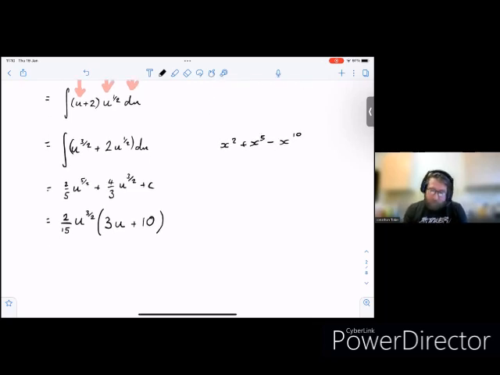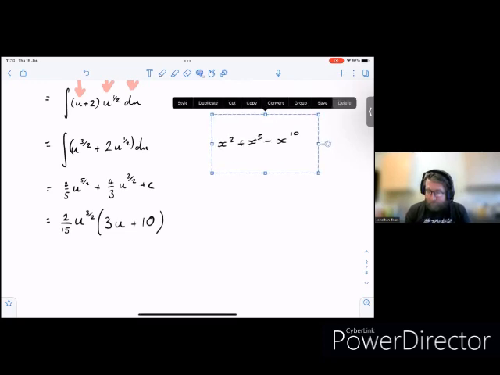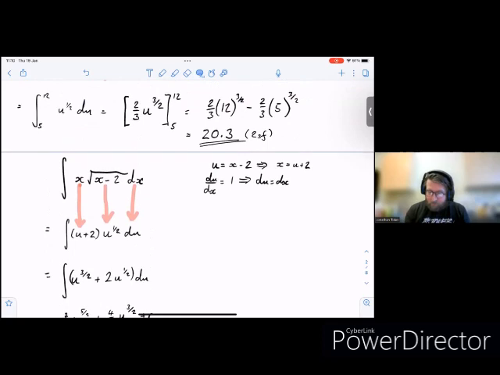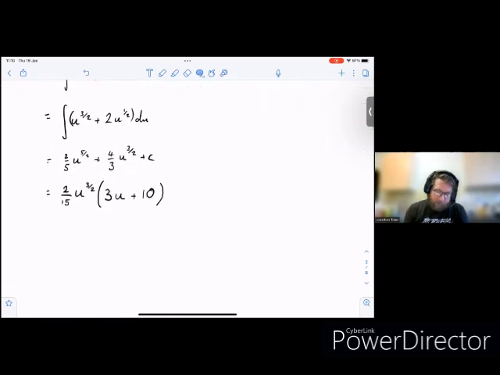Now we can substitute the x back in. So if we go back up, u is x minus 2. So this becomes 2/15, x minus 2 to the 3/2 times 3 times x minus 2 plus 10.